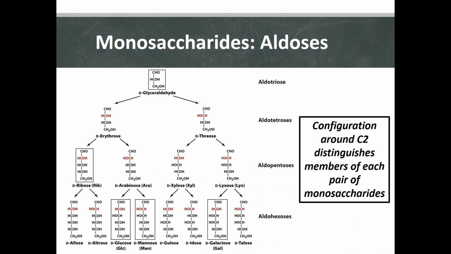Okay, so for glyceraldehyde, we had 1 chiral center. So 2 to the 1st power meant that I had 2 different possible enantiomers. Now we have 1 and 2. Okay, 2 chiral centers, so 2 raised to the 2nd power. That is 4.